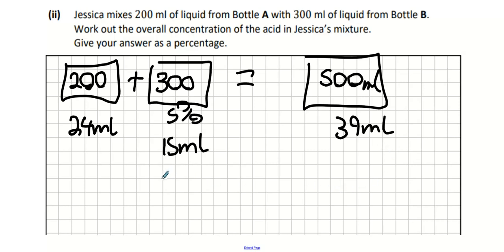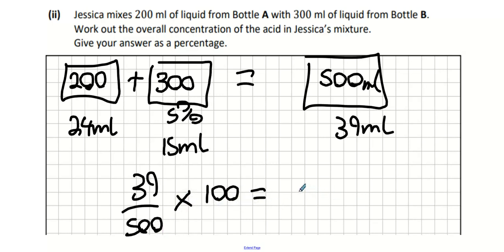So, what do we do then? 39 divided by 500, multiply by 100, and what do we get there? 7.8%. Did anybody get those two parts out? They aren't too bad. All good? Okay.